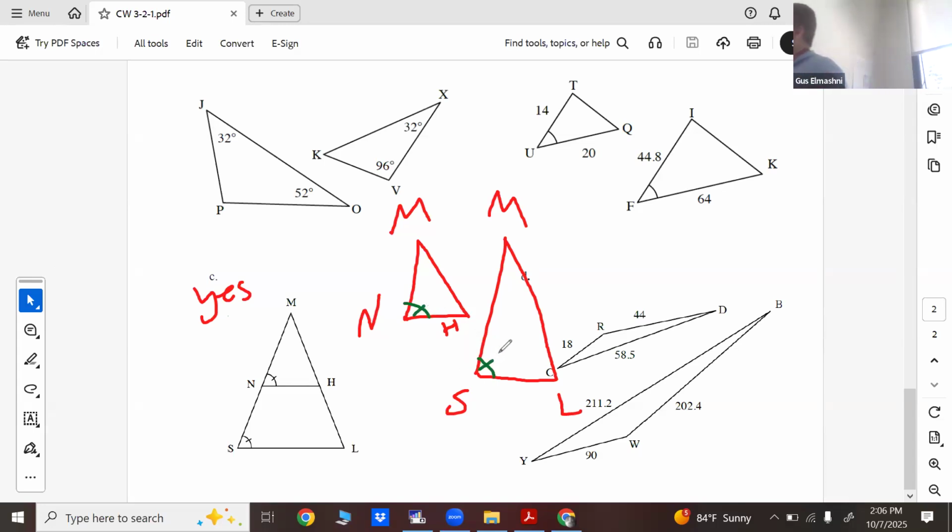Now, think about it. Both of these angles, we call it the vertex angle because it's the top angle. Both these top angles were shared, right? Wasn't this identical to this because they pretty much were overlapping each other, right? For the most part. So angle M equals angle M would have to be.